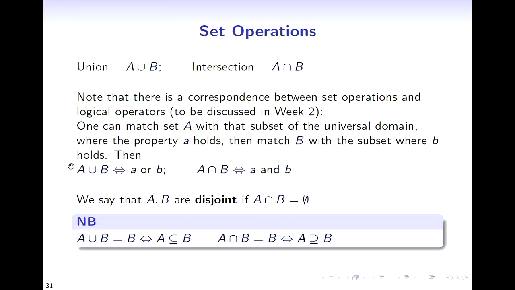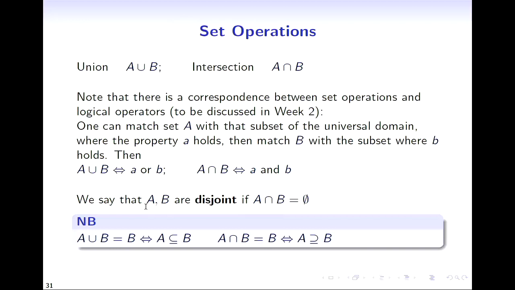And then if you define the union of A and B, this would correspond to the logic condition that A has to be satisfied or B has to be satisfied. That is, in my example, the number has to be even or it has to be greater or equal to 0. And conjunction, and, the same as intersection, of two sets would mean that the number has to be even and it has to be greater or equal to 0.